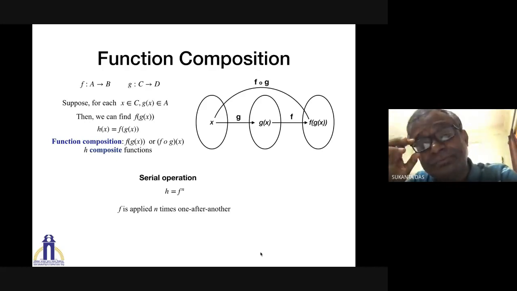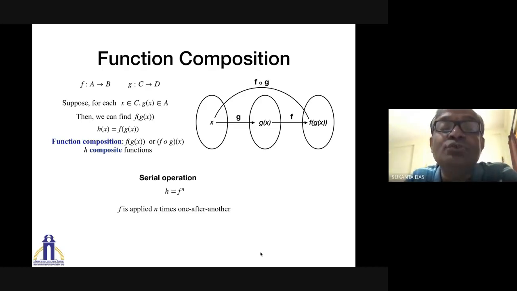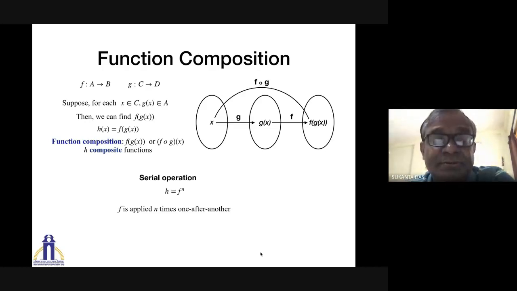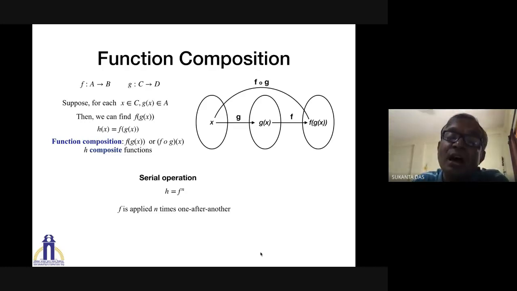So n equal to 2 means h equals f square. What does it mean? First you find f(x), then f of f(x), right? So I am applying this f n times. So h becomes f to the power n, right? And here f is applied one after another.